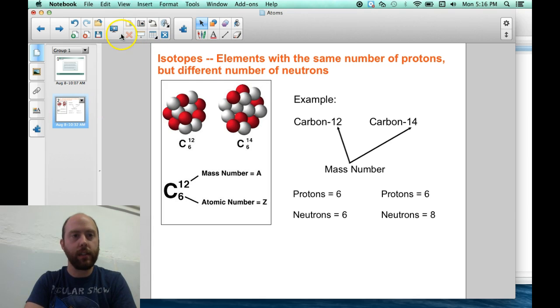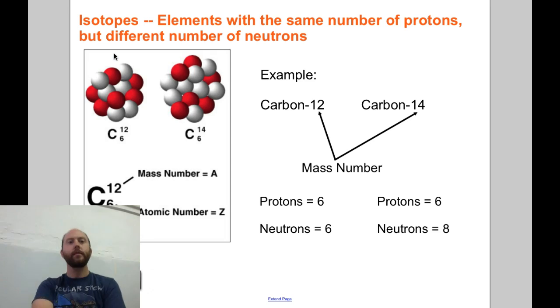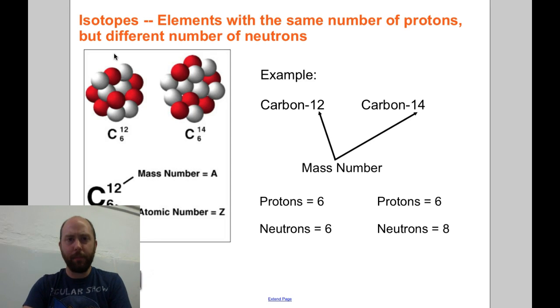Which I can go to this here now. Isotopes are elements with the same number of protons, which means they got to be the exact same element. Because remember, if you have the same protons, you're the same element. So it's elements with the same number of protons, but different number of neutrons, aka different mass numbers. So for example, carbon 12, carbon 14.